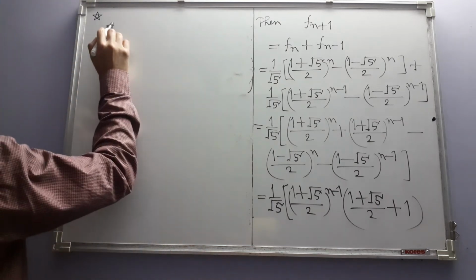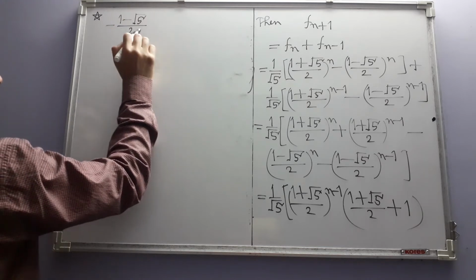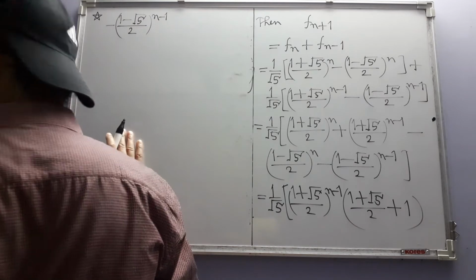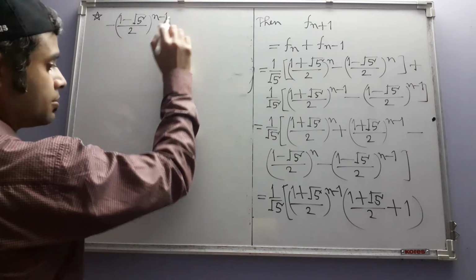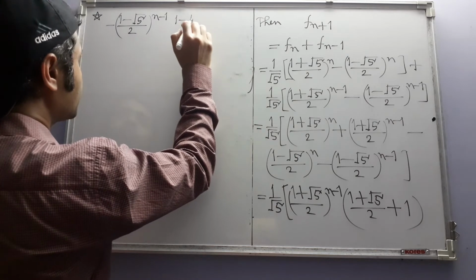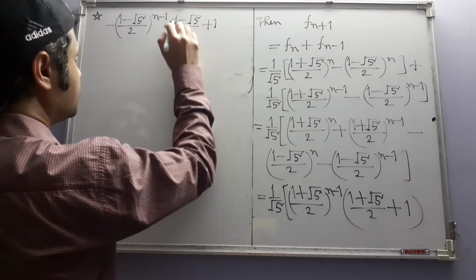Minus 1 minus root 5 divided by 2 to the power n minus 1 times 1 minus root 5 divided by 2 plus 1.